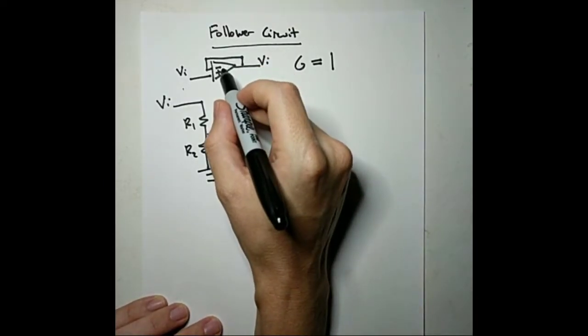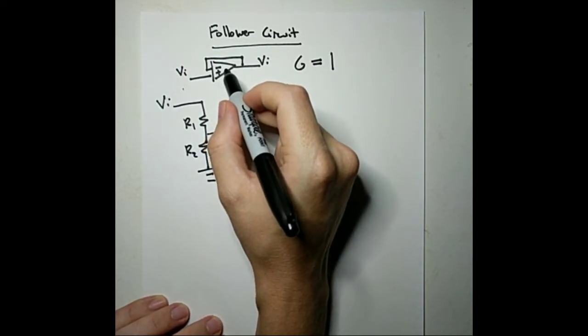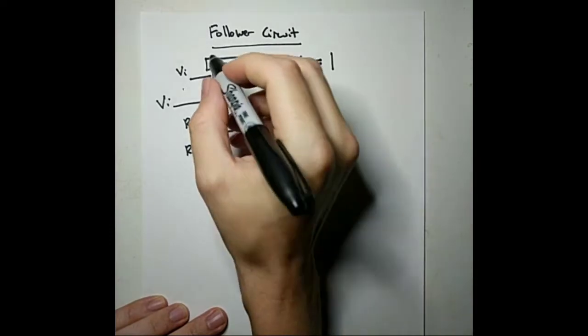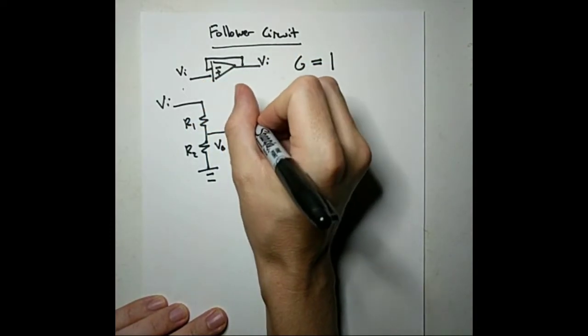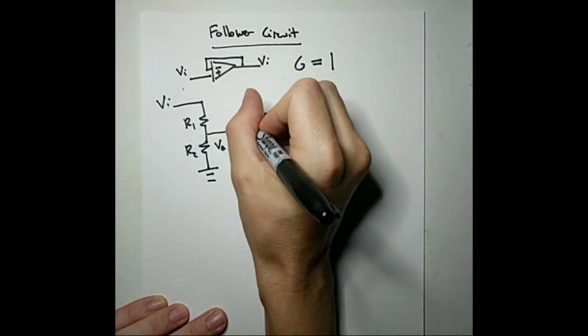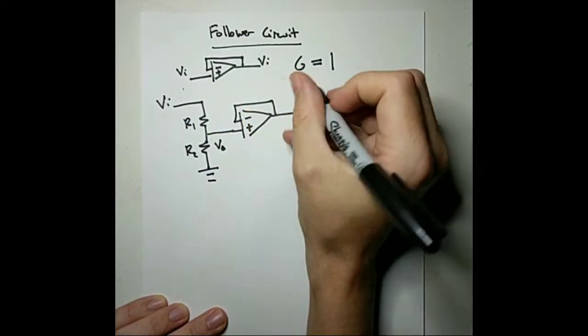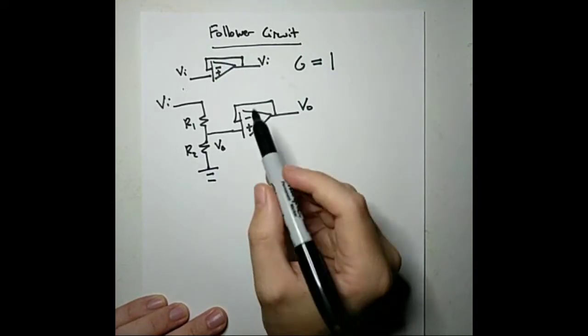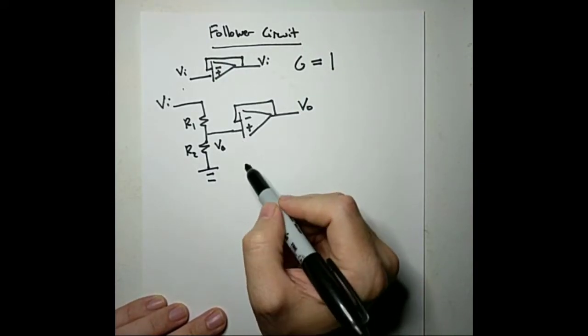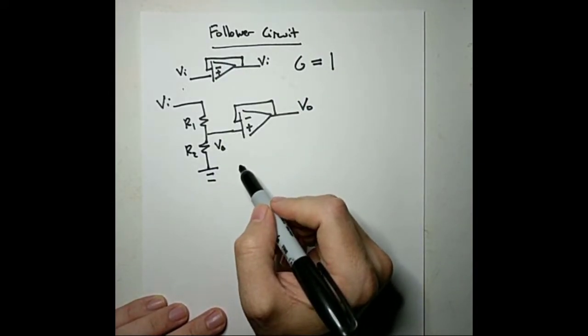But since our op amp has an infinite resistance in its ideal form, if we use a follower circuit here to get this voltage, we don't change this at all because we're essentially putting an infinite resistance over here. We get no extra current.